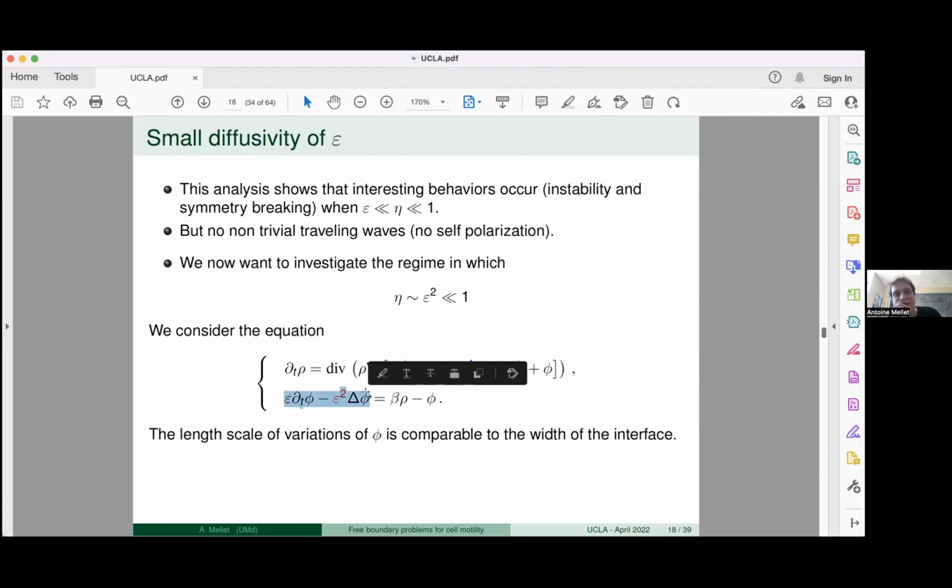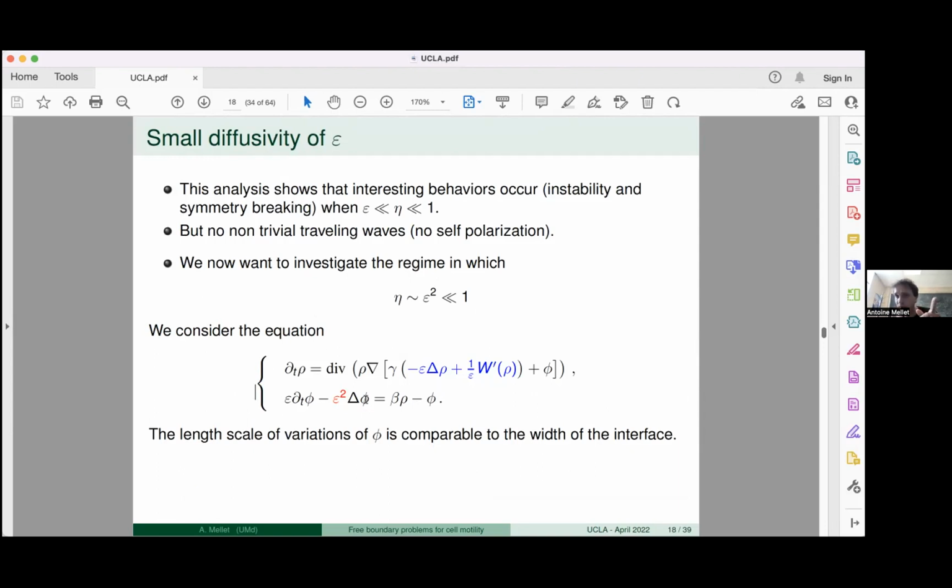In terms of the scaling, in the first case we had epsilon dt phi, so that disappeared, and we end up with an elliptic equation. Once you have this, the variation of phi now occurs on a scale comparable to the width of the interface, the transition layer.